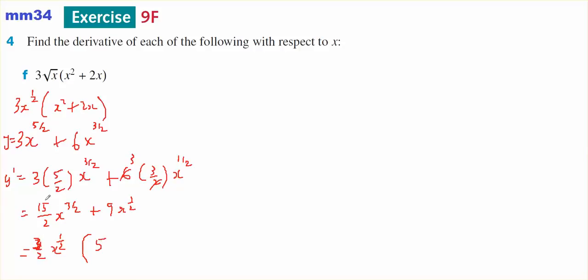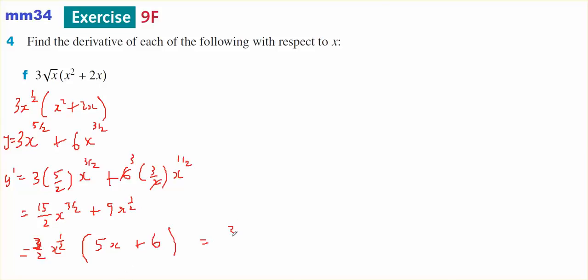X to the 3 on 2 minus a half is 1. Plus, I took a 3 out, which leaves me with 3, but I didn't have a half, so I'm going to have a 6. And the x is gone.